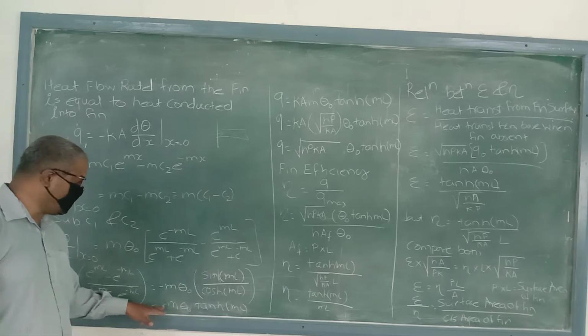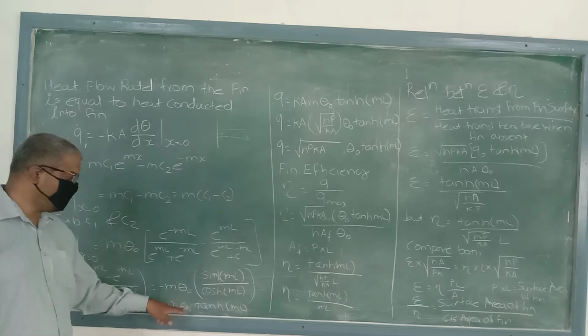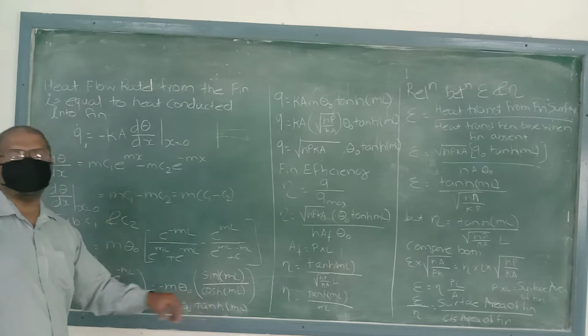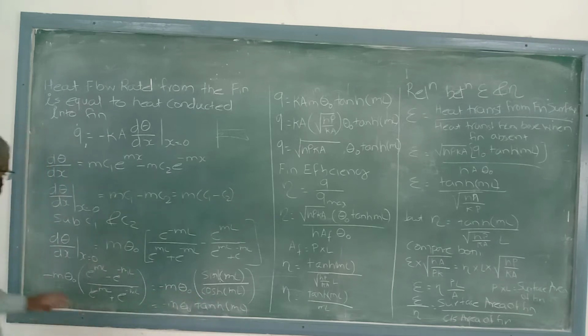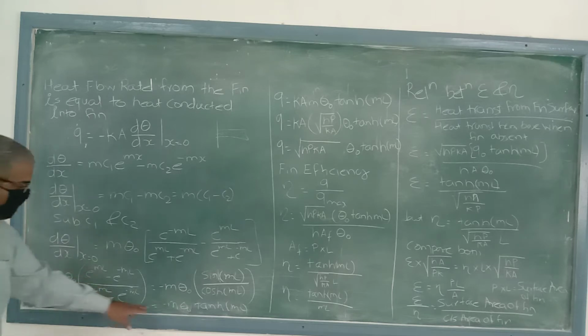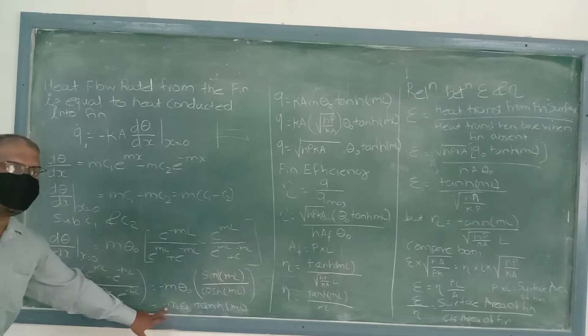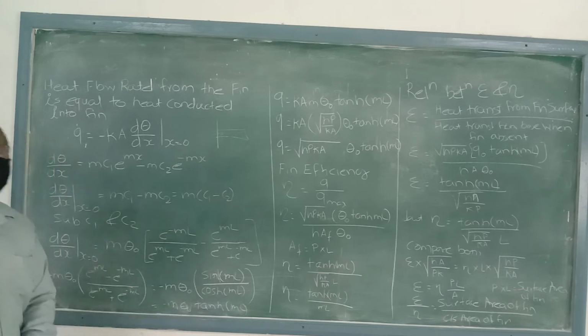So the equation becomes minus m theta 0 tan hyperbolic of ml. So d theta by dx at x is equal to 0 is equal to minus m theta 0 tan hyperbolic of ml.